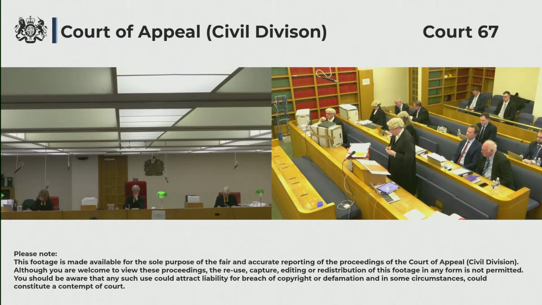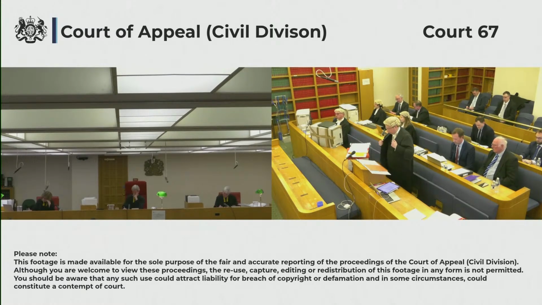And that is because one has to take into account principles of equivalence, effectiveness, legal certainty, and effective judicial protection. And in particular, in this case, effectiveness and legal certainty, they operate together when it comes to procedural rules.